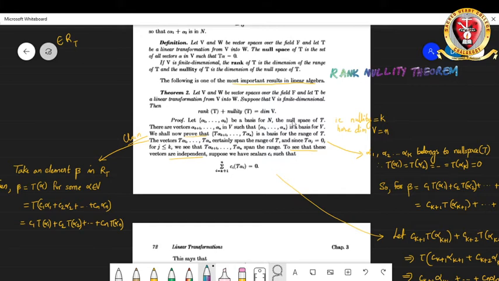So first, from the first lines of the proof, we get that nullity, which is equal to the dimension of the null space of T, is equal to k. We have assumed it. And also we are assuming that the dimension of V is equal to n.